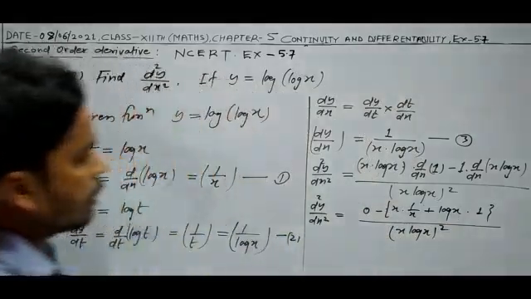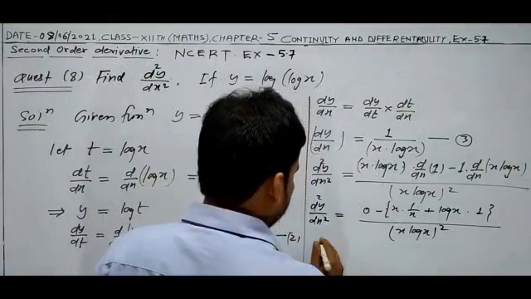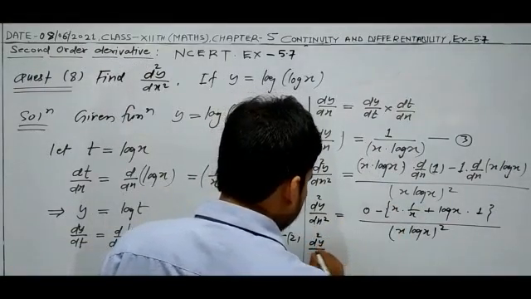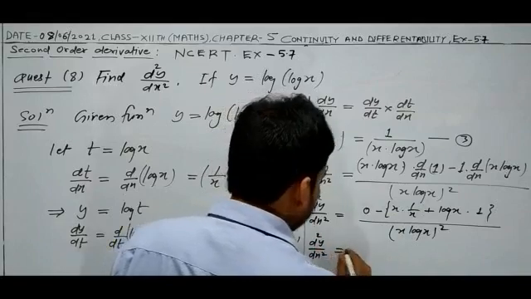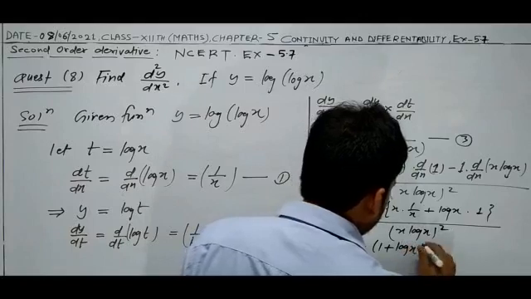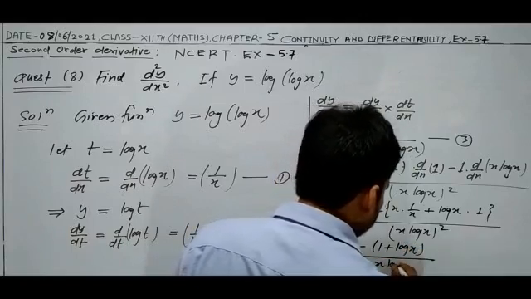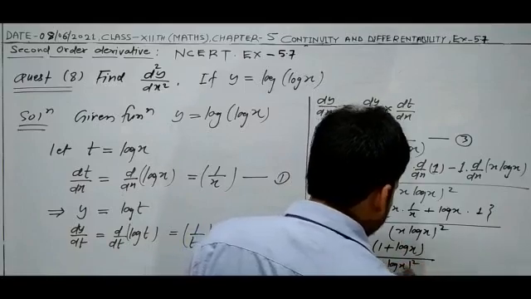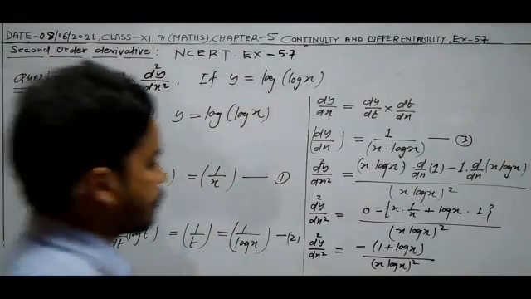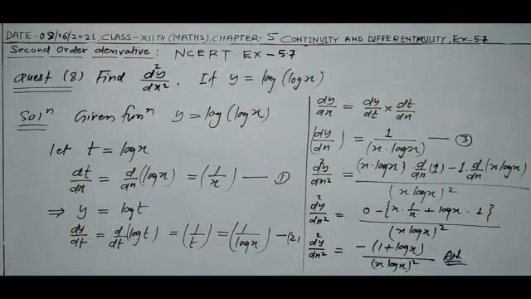So this is the calculation, and when you solve x upon x, that result will be 1 by x into 1 by x, result will be 1. So d2y by dx2 is equal to minus times 1 plus log of x whole upon x times log of x whole square. This is the answer.